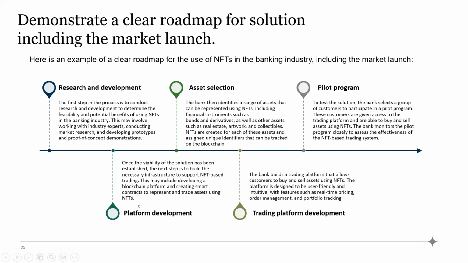The platform development includes the blockchain technology and integrating the smart contracts, and making the infrastructure ready for the build. And next, asset selection. What are the projects that can be included in the form of NFTs in the blockchain platform? And then trading platform development.